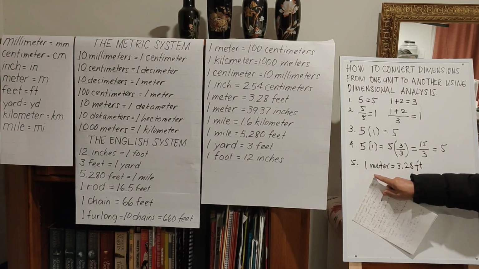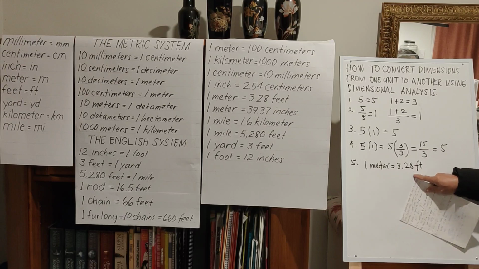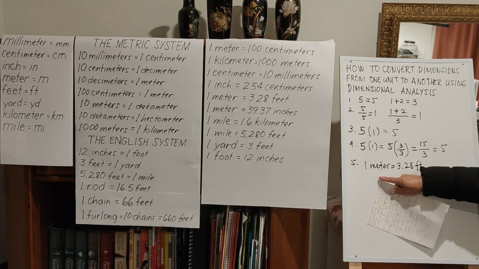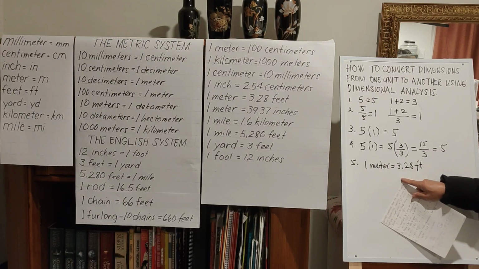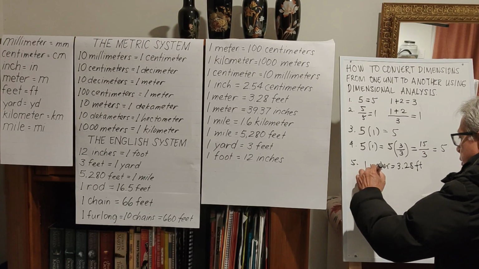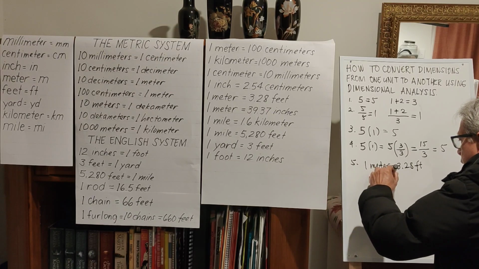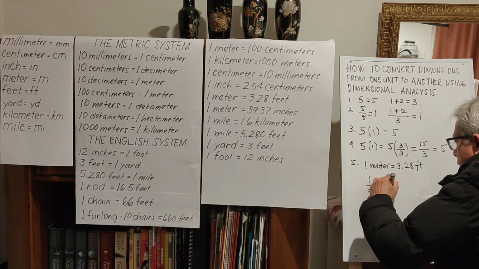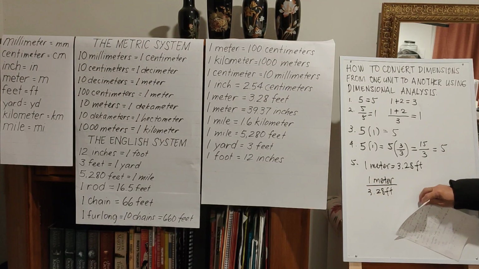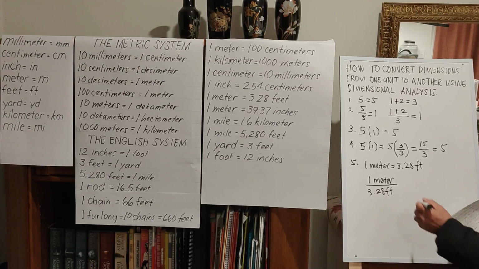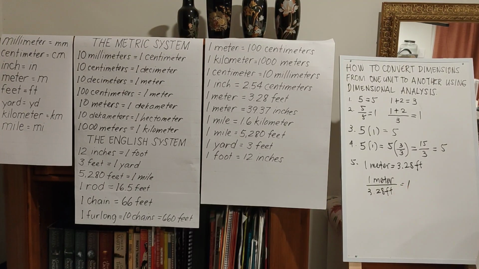So this is equal to this one. So we can rewrite this into a fraction like this: 1 meter divided by 3.28 feet. Because this one is equal to this one, this is equal to 1.